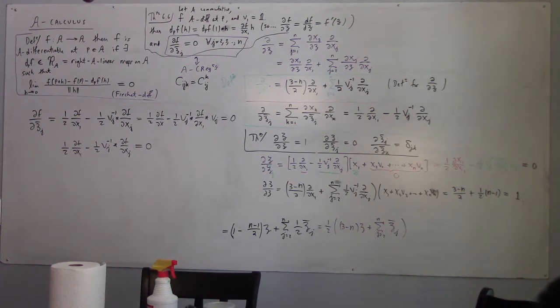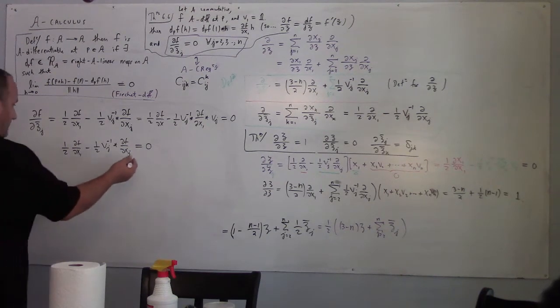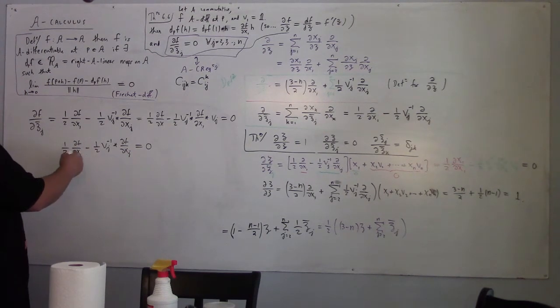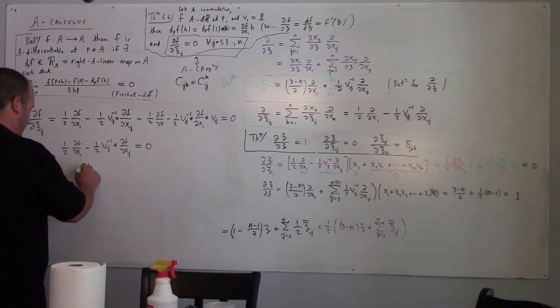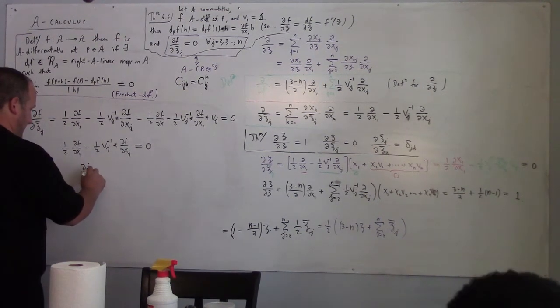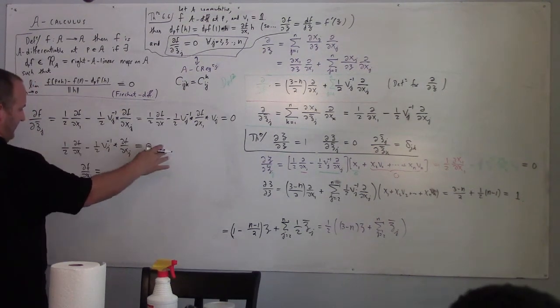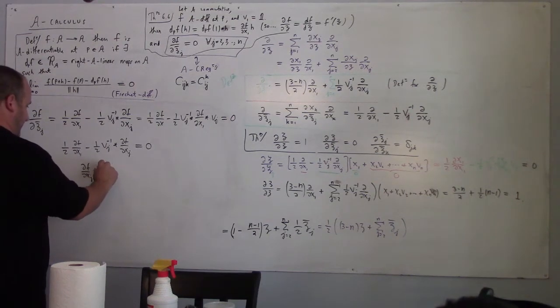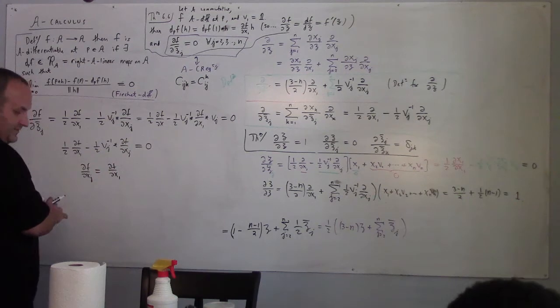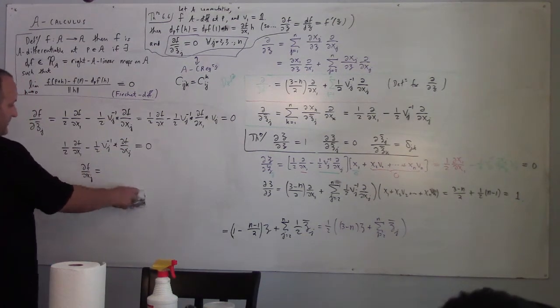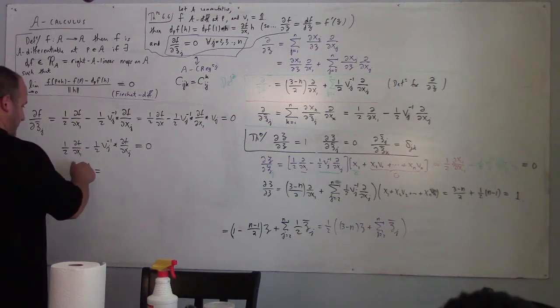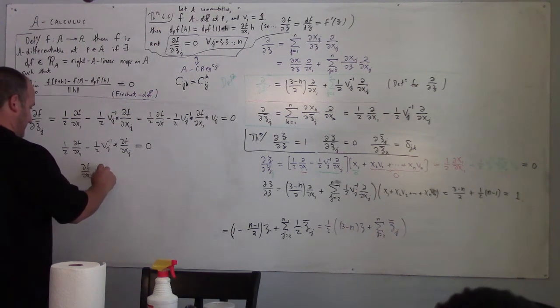Solve it for partial f partial x1. Move the other side, so Vj inverse times partial f partial xj is partial f partial x1. It always involves that commuting aspect of it. So that's fine.